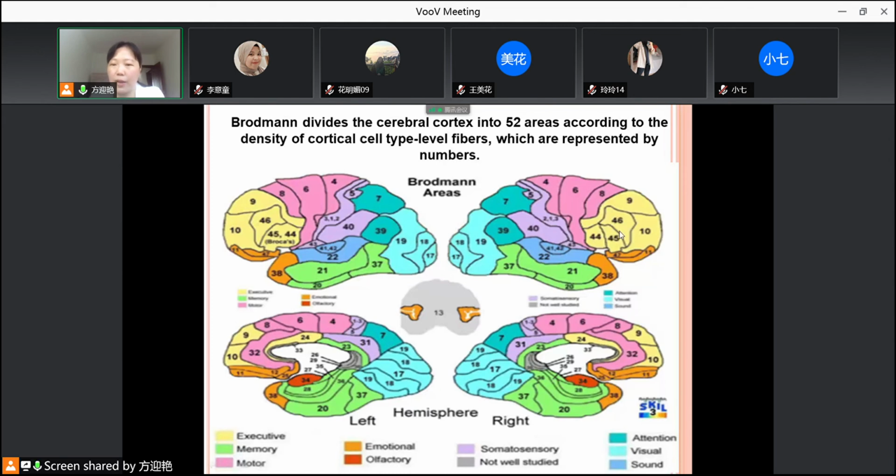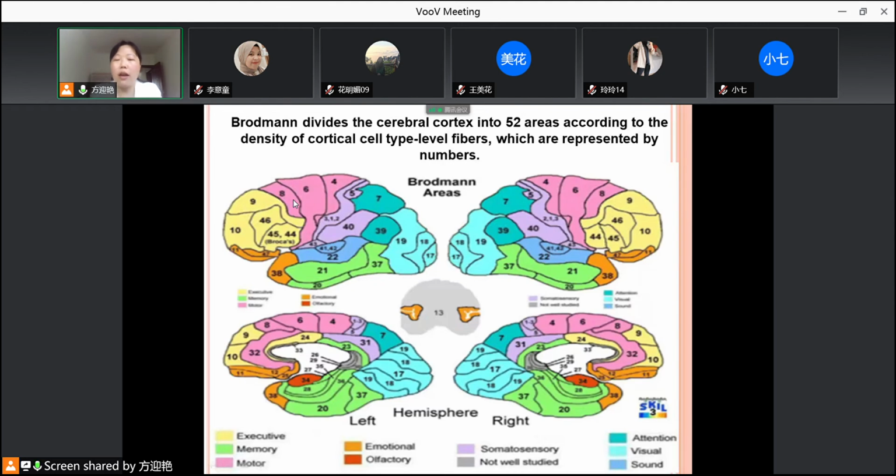We can see here this is a map, so we also call it the brain map, the cerebral map, and also the Brodmann areas. We can see here 7, 5, and also 4, 6, 8.